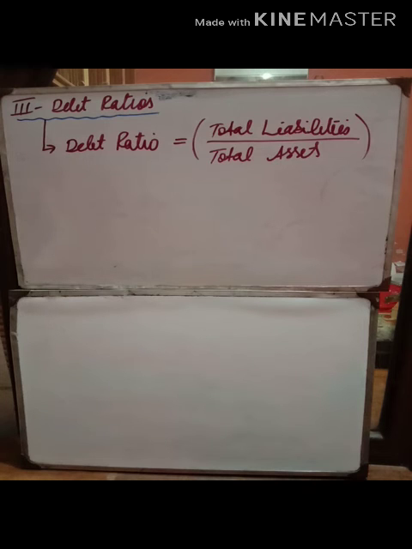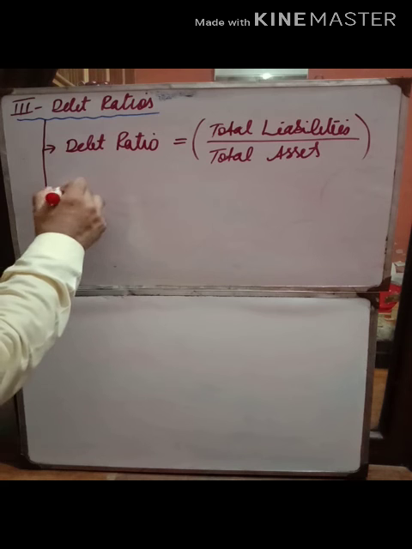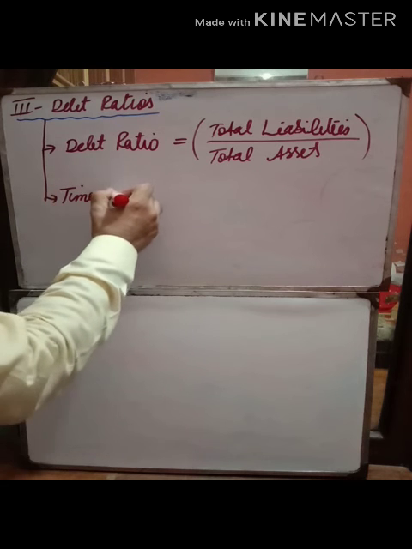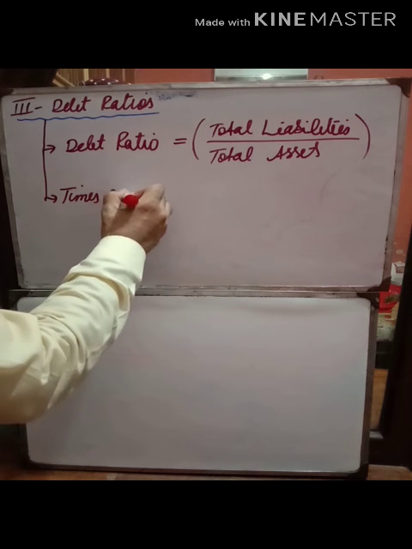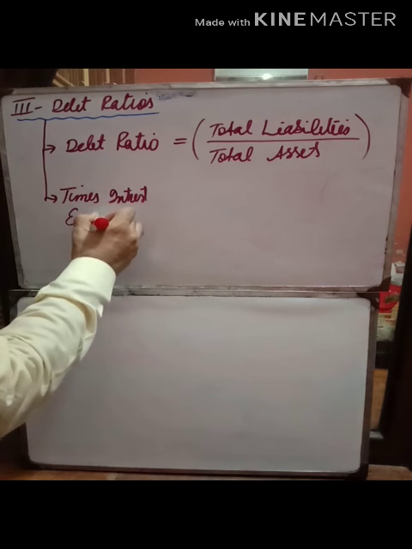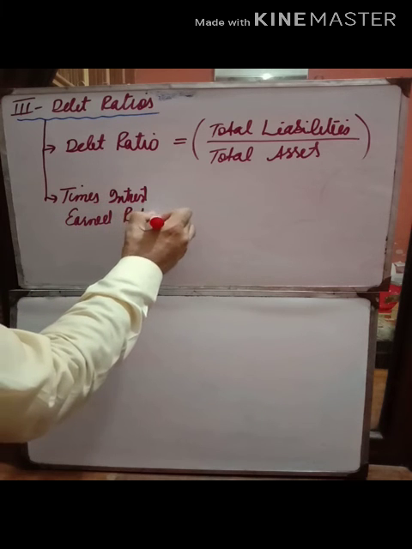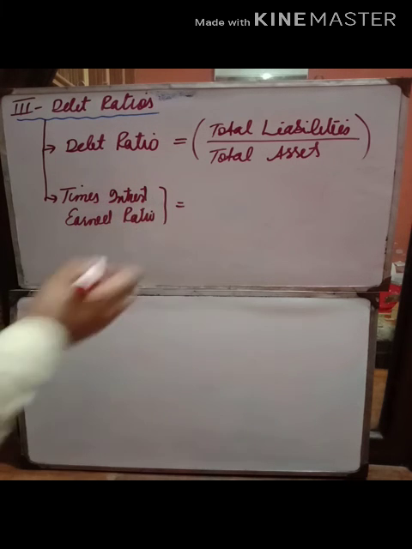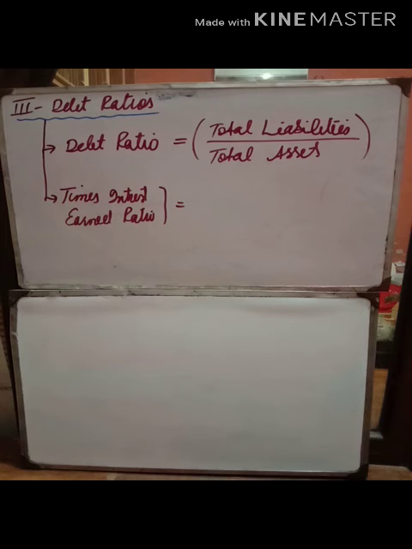Second one, the times interest earned ratio. Times interest earned ratio may be called the debt service coverage ratio.